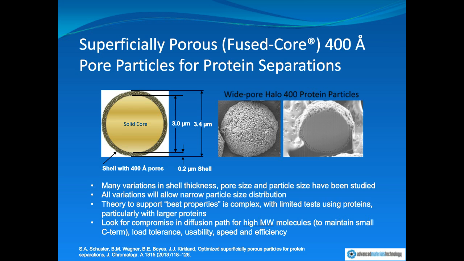And predicting what is best for protein can be, I would say, guideposted, but is not available from first principles of biophysics. So really this means that you need to look at the compromises in diffusion path, as well as very carefully look at the effects on efficiency for actual protein separation.